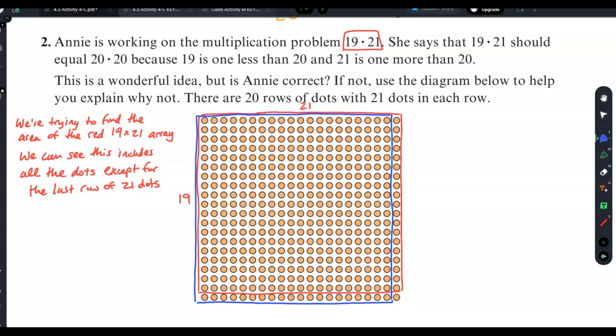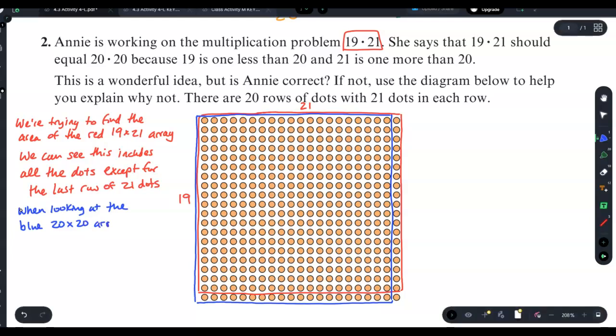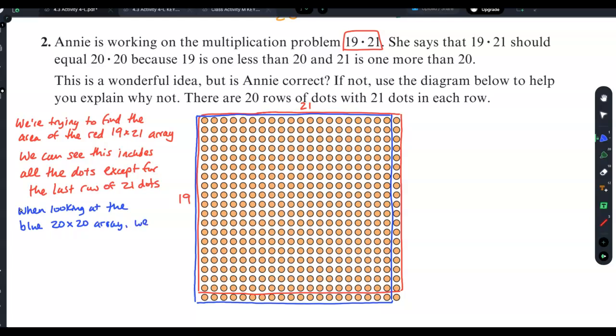So if I'm finding the 20 by 20 blue array, we can see this includes, again, all of the dots in the figure, except for the last column.